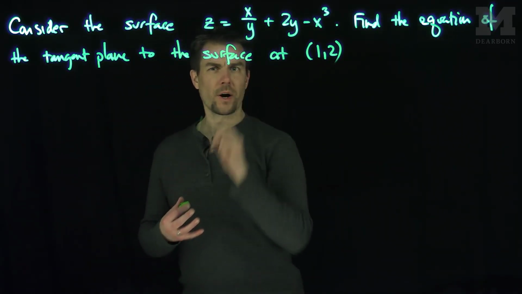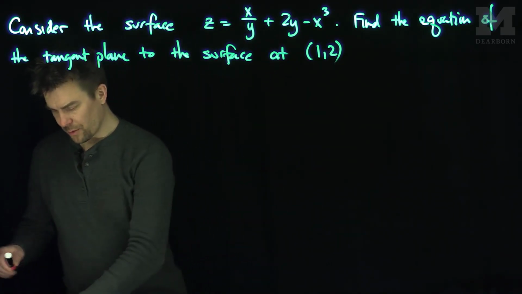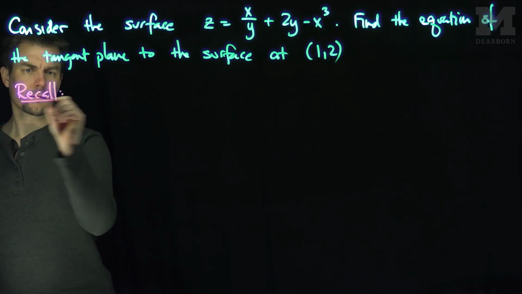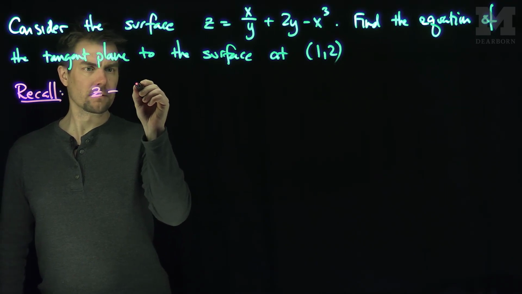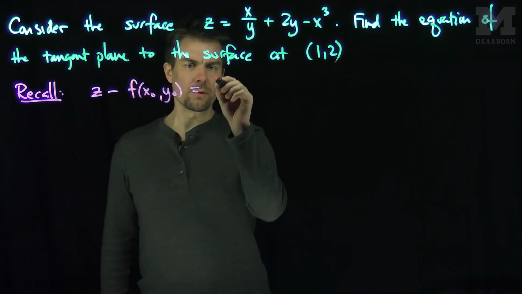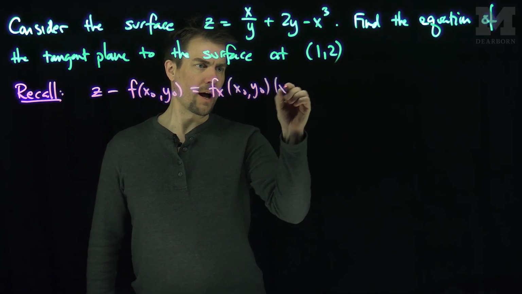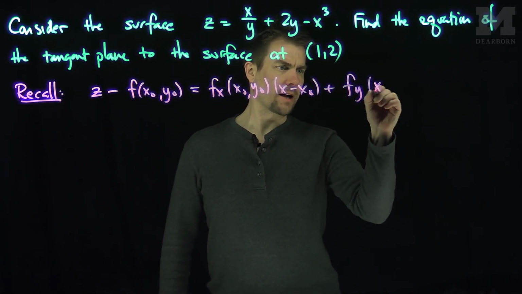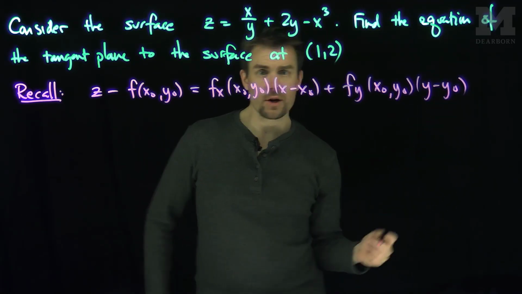There might be a little bit of an issue at y equal to 0, but since we're at the point (1, 2), it won't matter for our problem. So let's recall what the equation of the tangent plane is. Recall that z minus f of x0, y0 is equal to fx at (x0, y0) times x minus x0, plus fy at (x0, y0) times y minus y0. This is the equation of the tangent plane.